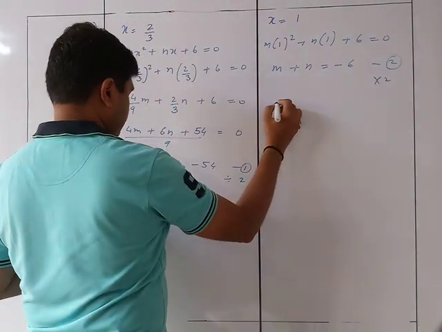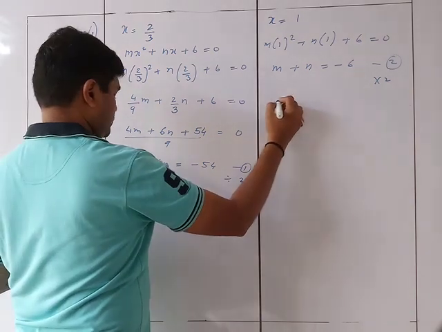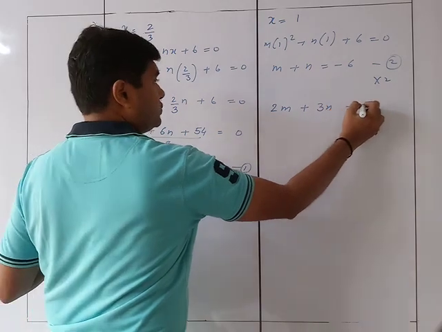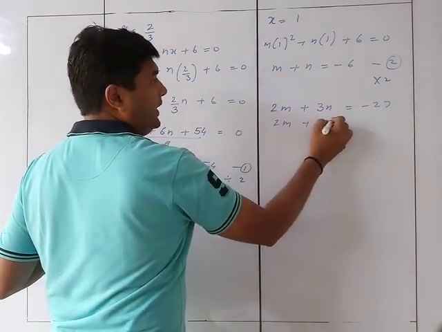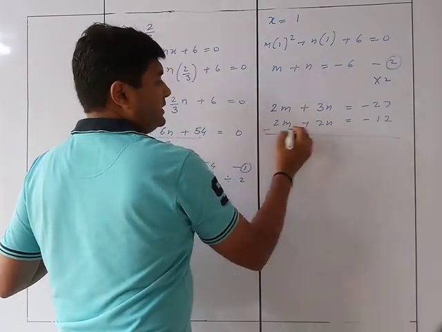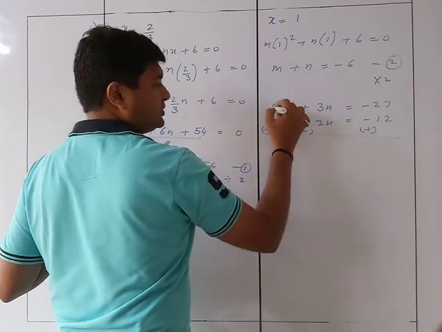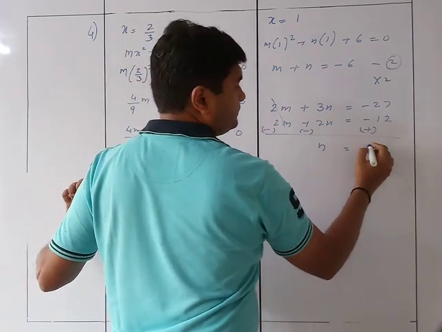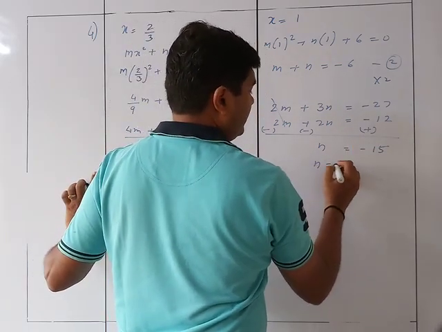So solving the simultaneous equations, 2m plus 3n is equal to minus 27 and 2m plus 2n is equal to minus 12. Subtracting, the signs change. You get n is equal to minus 15.